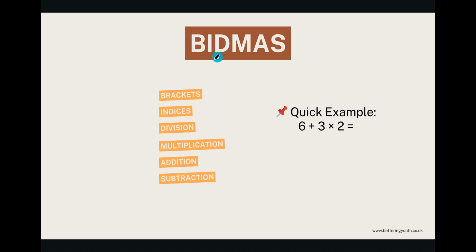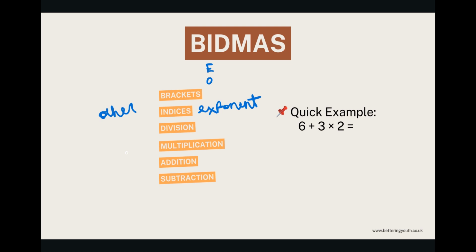The BEDMAS part is actually what I was taught at school, where instead of using the word indices, we use the word exponent. But I also mentioned that there's another acronym, BODMAS. The O in BODMAS stands for other. So it really does depend on what your teacher taught you. But in essence, they're all relaying the same kind of information. We start with brackets and we work our way through to subtraction.